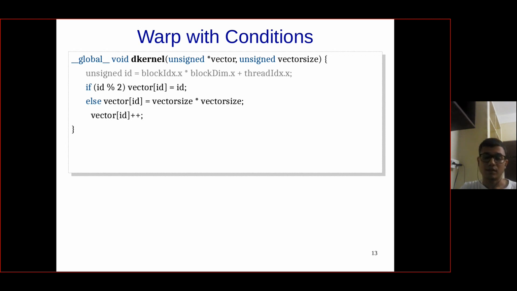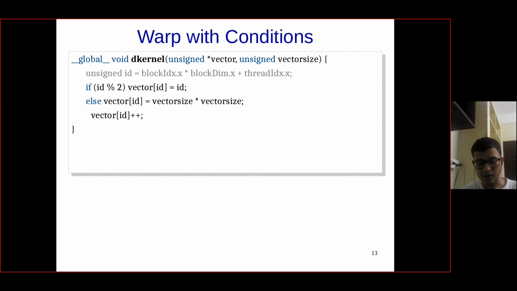So there is a small addition to what I told in the previous slide. I told that all the warp threads execute in lockstep manner and execute the same statement.